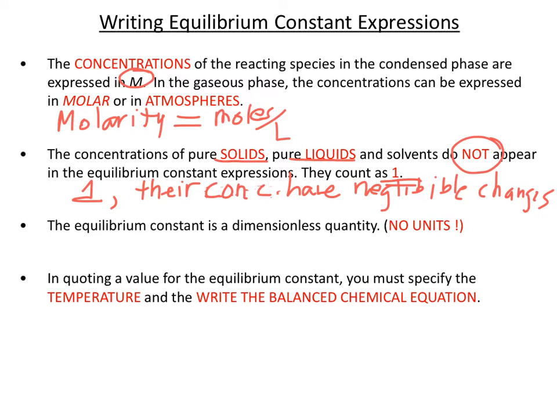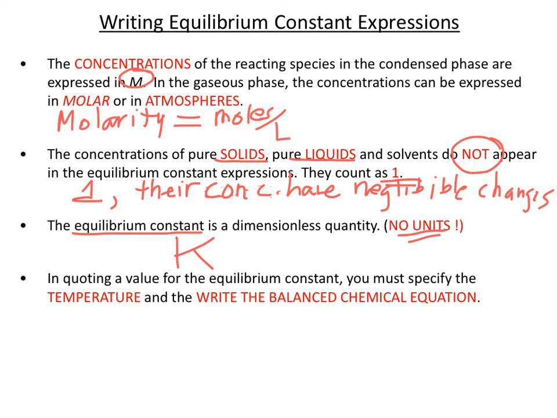The equilibrium constant, which we refer to as big K. So here's a different K in chemistry. It's a large K. The equilibrium constant has no units. So whereas we were very concerned about units in the last kinetics chapter, we're not worried about units for the equilibrium constant.